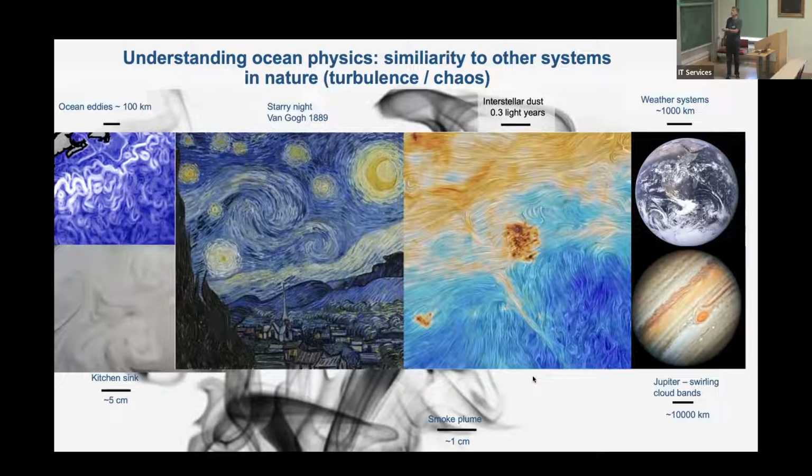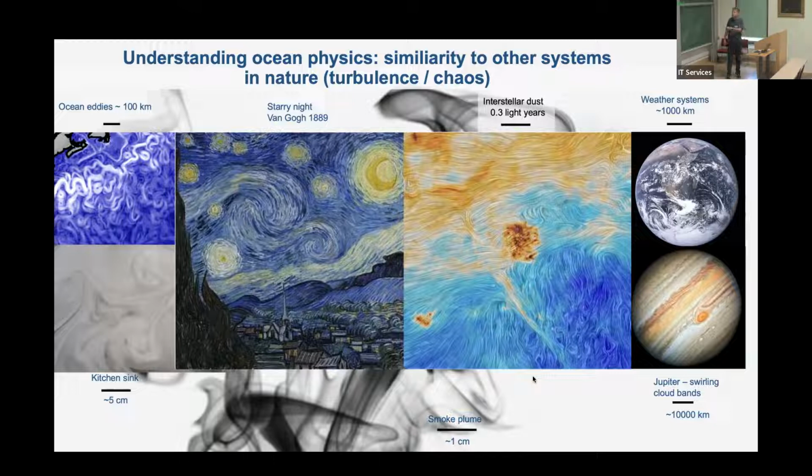And then moving to slightly larger scale weather systems on Earth, again, you can recognize the swirling features presented by the clouds. Same thing if you go to other planets, like Jupiter, where even the cloud bands, which you should have all seen, also have these swirling features that are indicative of eddies, with scales of up to roughly 10,000 kilometers.